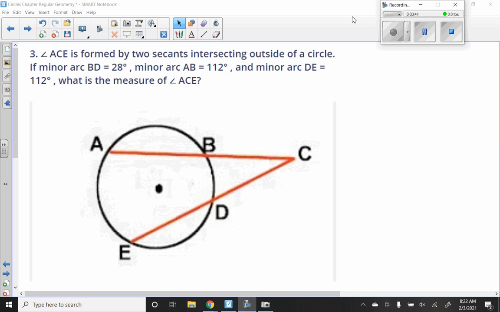Number 3 on the check for understanding, with the exterior intersection. The angle ACE is formed by 2 secants intersecting outside of a circle. If minor arc BD is 28, that's this little one right here.